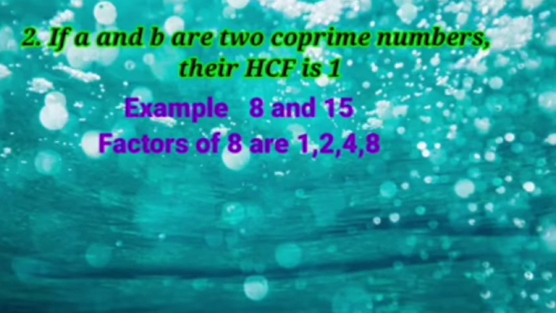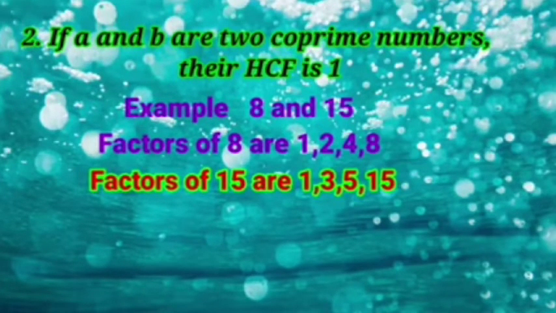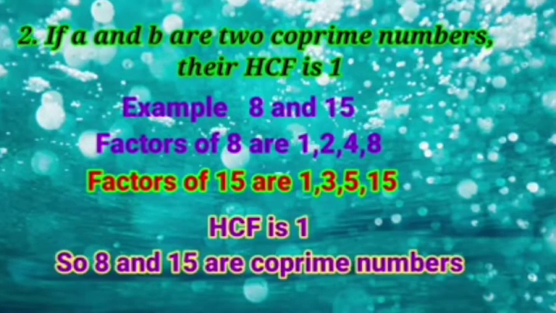Now see the factors of 15: 1, 3, 5 and 15. So what's the HCF here? HCF is 1. There is no other common factor among these numbers. So 8 and 15, they are co-prime numbers. That means co-prime numbers, their HCF is always 1.